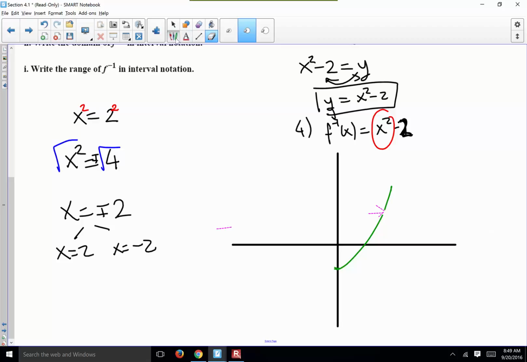So we need to describe here, for x values, what x values do you get on this side? For x, this is the positive x values, right? We need to put this here.